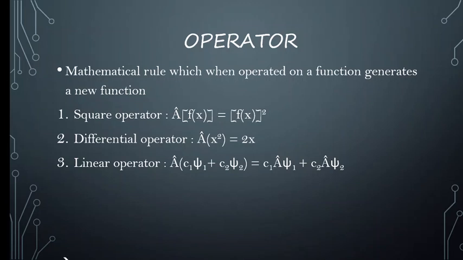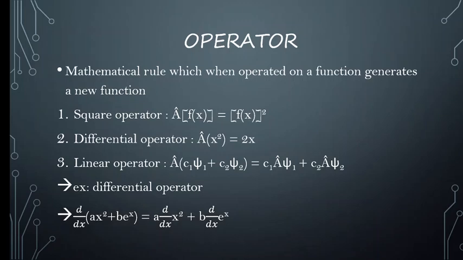If we take an example, again a differential operator, which is an example of a linear operator. d by dx of a x square plus b e raised to x. a is a scalar as well as b is a scalar, so they will be kept as they are. x square is acting as xi1 and e raised to x, that is the exponential of x, is acting as xi2, which is another function.